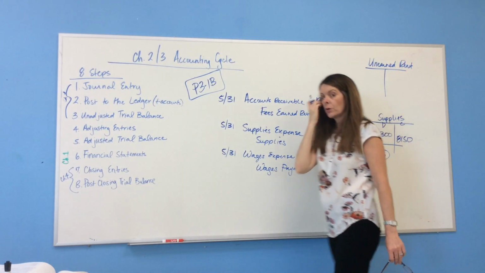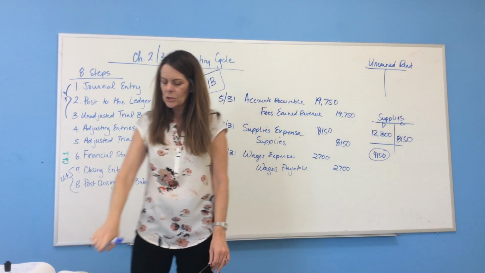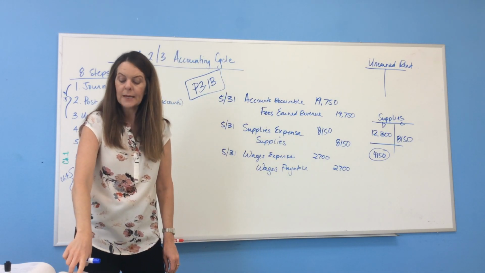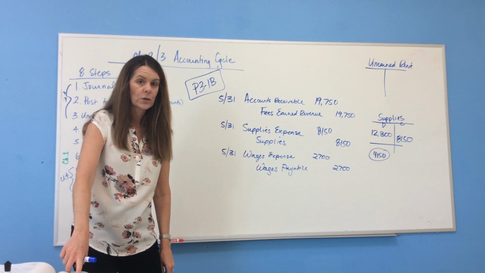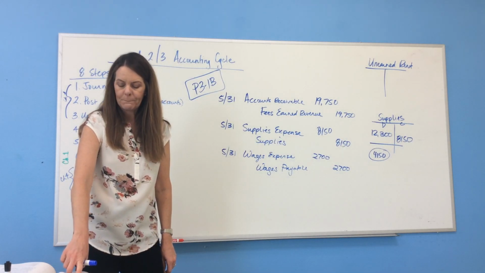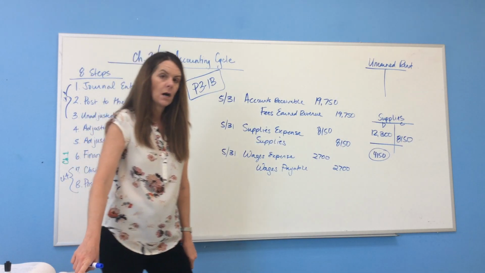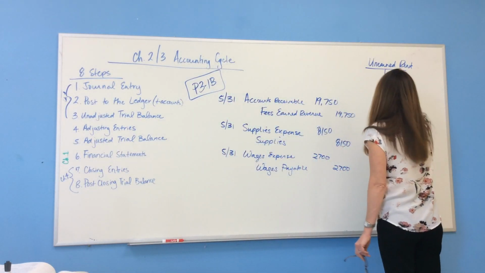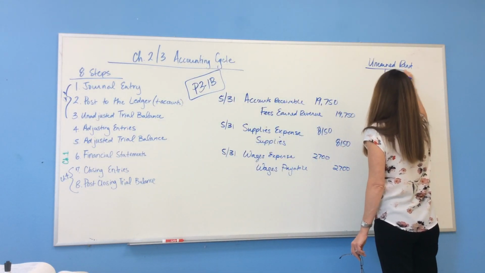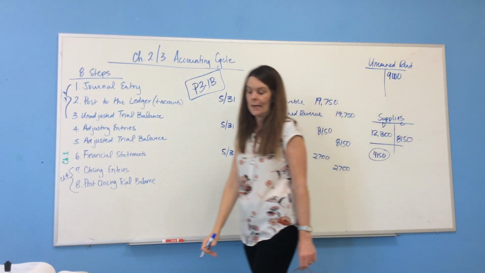Now, remember, unearned rent is a liability. So it appears that we had tenants that prepaid 3 months in advance on May 1st. So we're going to put that $9,000 not into a rent revenue account, but into an unearned rent account. We're going to put that on the credit side, credit to increase the liability.